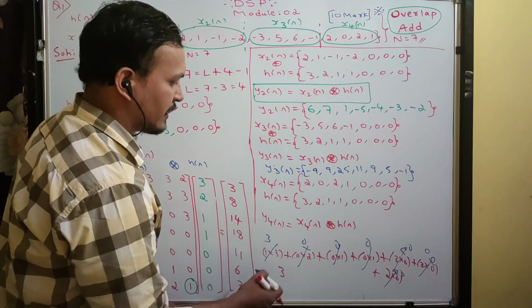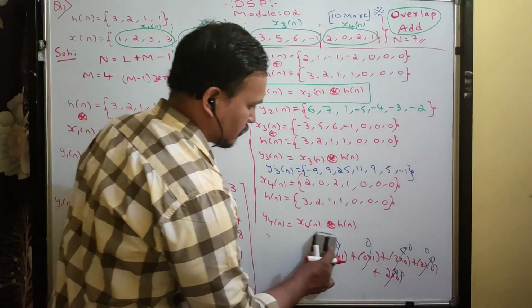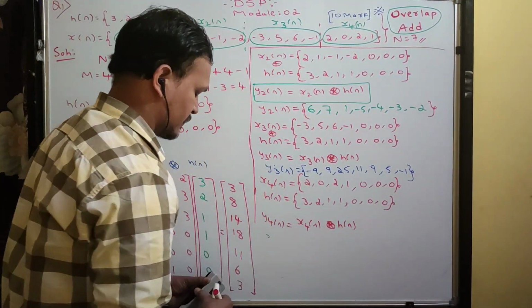Next, y4 of n. Okay, y4 of n you will get like this.